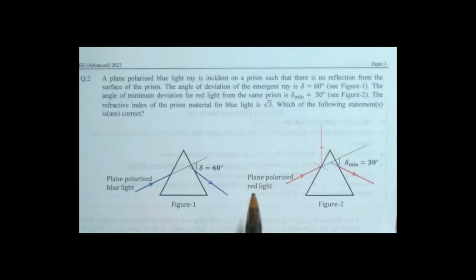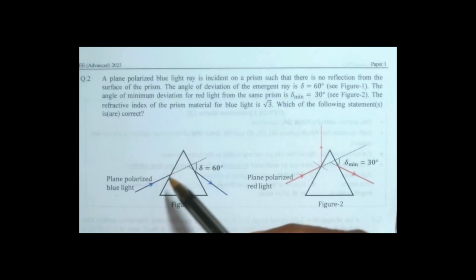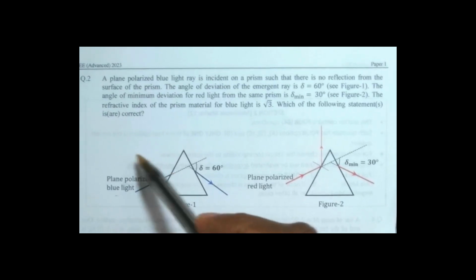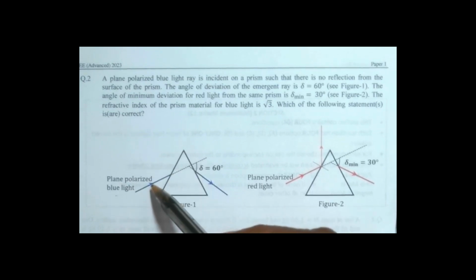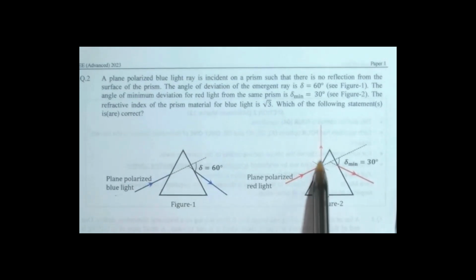All right, so we're talking about polarized light now, and when the blue light goes into the prism, there is no reflection here, so it's coming at an incidence which is the polarizing angle or Brewster angle for this interface for this light. But here this angle is not Brewster's angle for the red light.